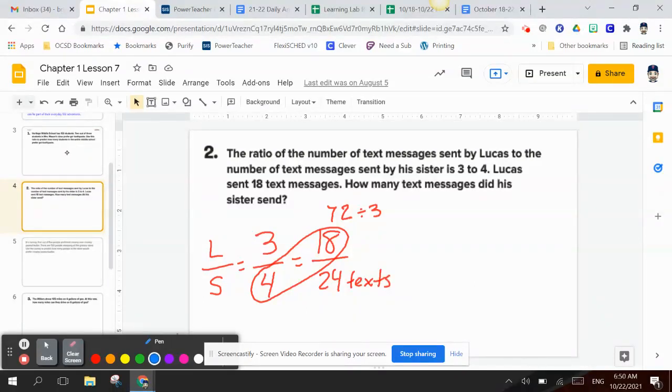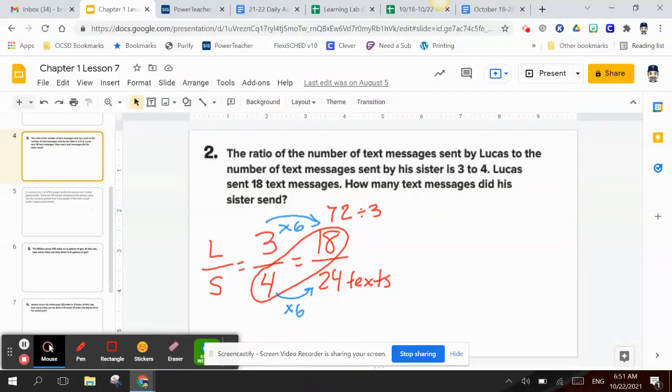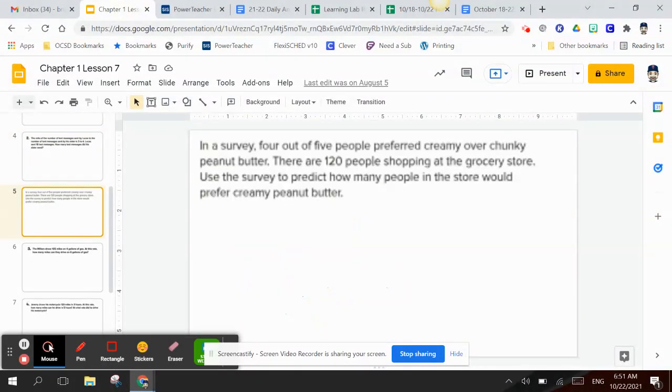I could also decide that 3 times 6 is 18, and whatever I do to the top number, I have to do to the bottom number. So 4 times 6 is 24. So either one of those ways will help you as you go through.